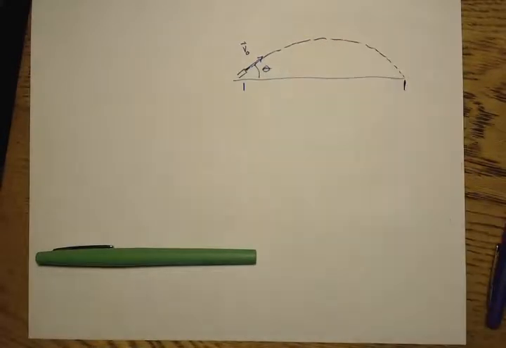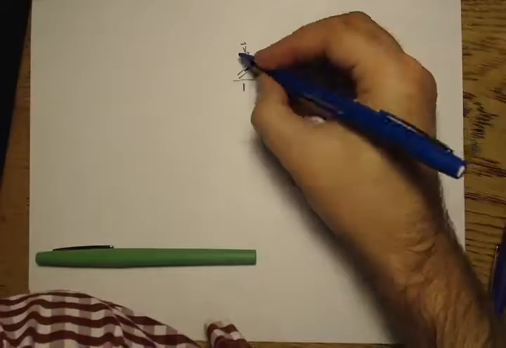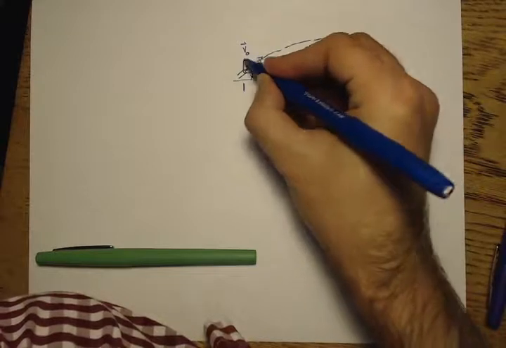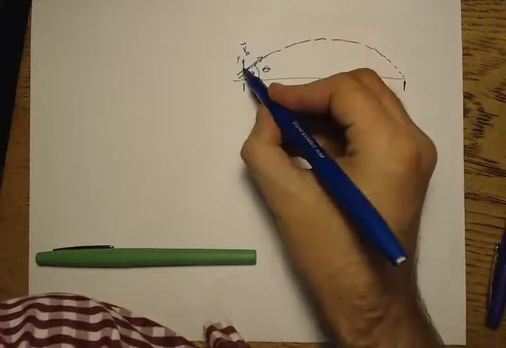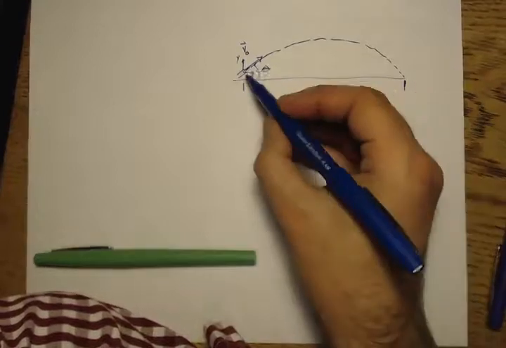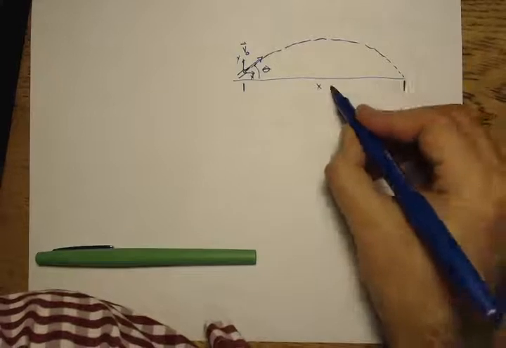So theta is commonly used for angles. And then I'm going to say this is going to be my x and y axis, and it's going to be over here. So this is what I'm calling 0. So it's starting from 0 on both the x and y positions, and it's going to go a distance x.